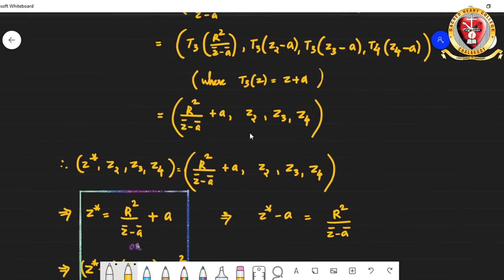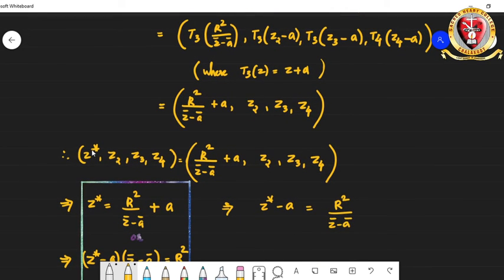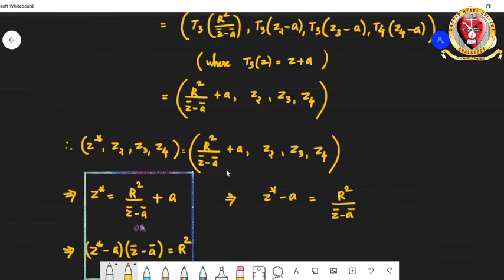Okay, so what we get finally is that the cross ratio of z star, z2, z3, z4 is equal to the cross ratio of r square divided by z bar minus a bar plus a, comma z2, comma z3, comma z4. And this happens only if z star is equal to this term sitting here by the definition of cross ratio.